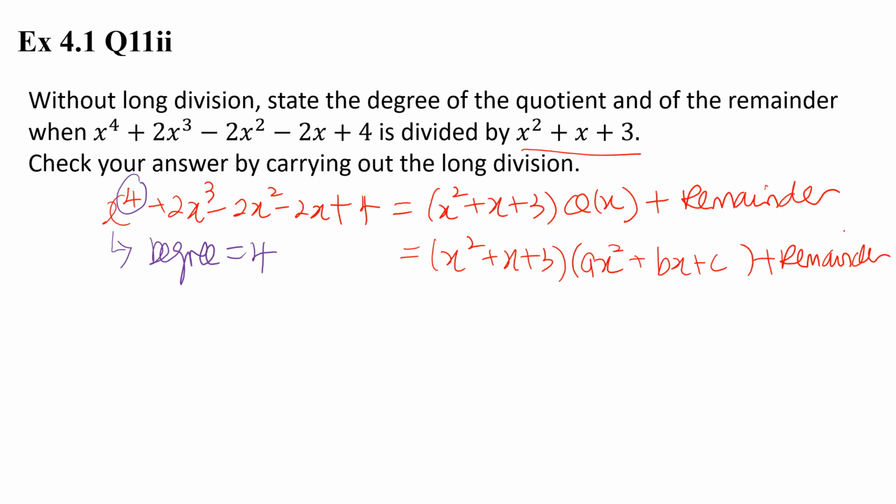On the right hand side, when you take your divisor times the quotient plus the remainder, you also need to end up getting a degree 4. And the divisor is of degree 2, so I must multiply with a degree 2 also.